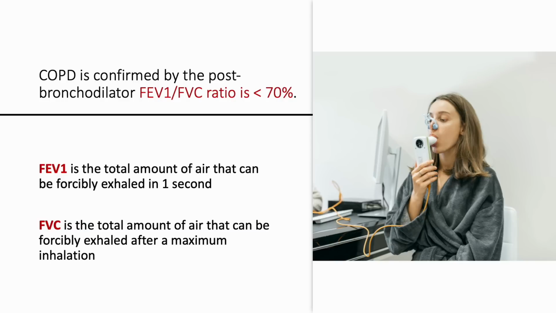FEV1 is the total amount of air that can be forcibly exhaled in 1 second. FVC is the total amount of air that can be forcibly exhaled after a maximum inhalation. The FEV1/FVC ratio is the percentage of the total exhaled volume that can be exhaled in 1 second.